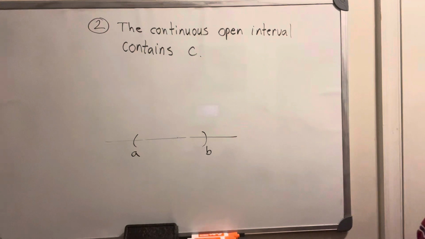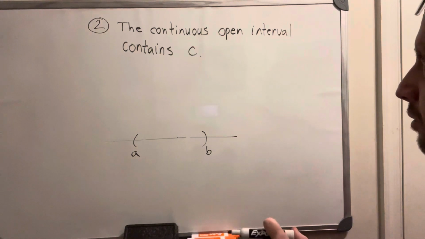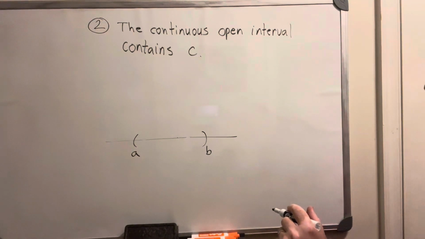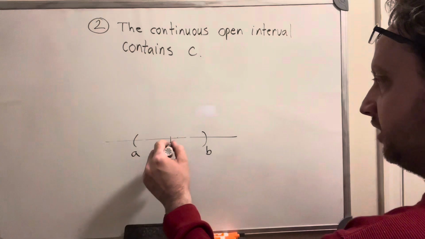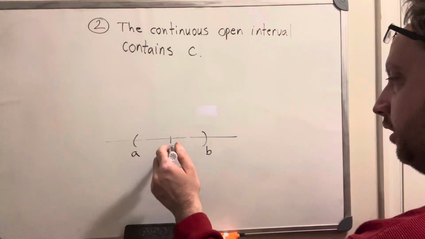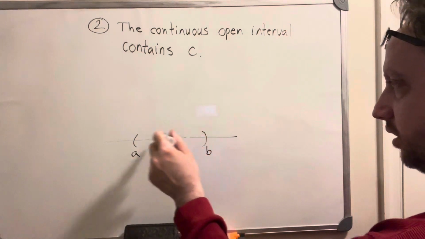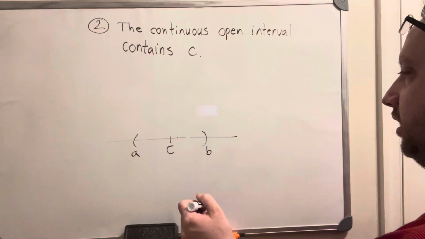The next part that I underlined from the problem statement was that the continuous open interval contains c. So let's say that c is this one. c is not one of the endpoints of the open interval.